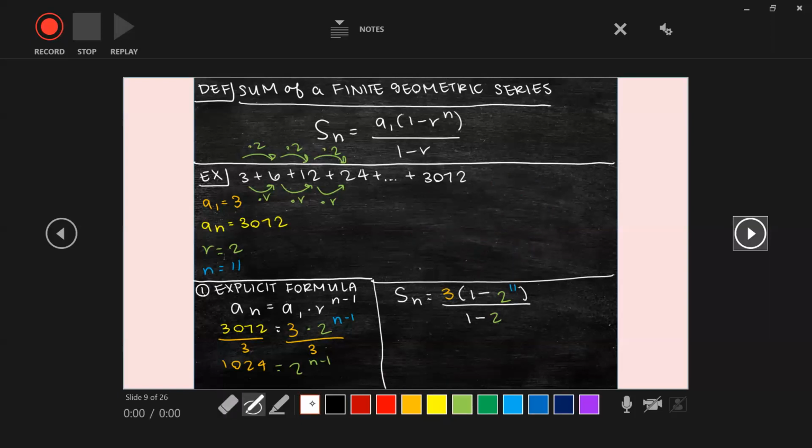So what is 2 to the 11th power? So it's going to be 2 times itself 11 times. 2048. So you're going to have 1 minus 2048, all over negative 1. I'm going to scoot this stuff up.